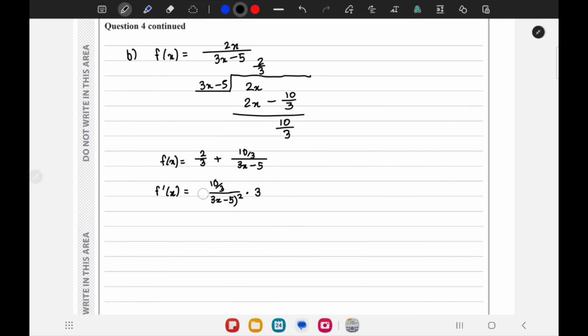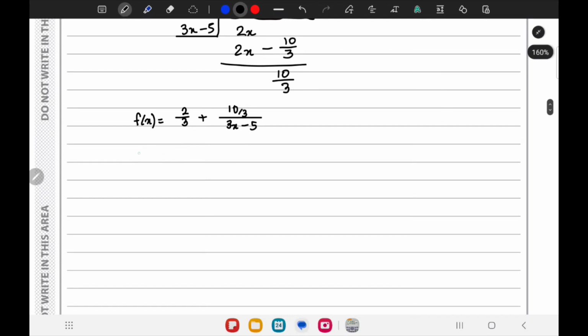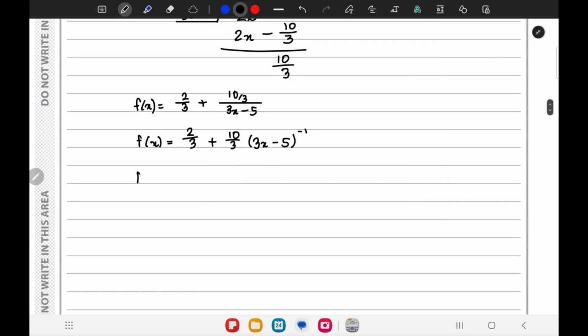If I show some more steps, f of x is 2 by 3 plus 10 by 3 times (3x minus 5) to the power minus 1. So f prime of x will be 0 plus 10 by 3. We'll use the chain rule here, so (3x minus 5) to the power minus 2 and a minus 1 over here.